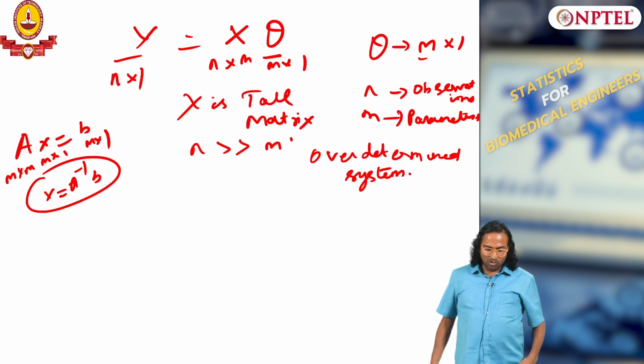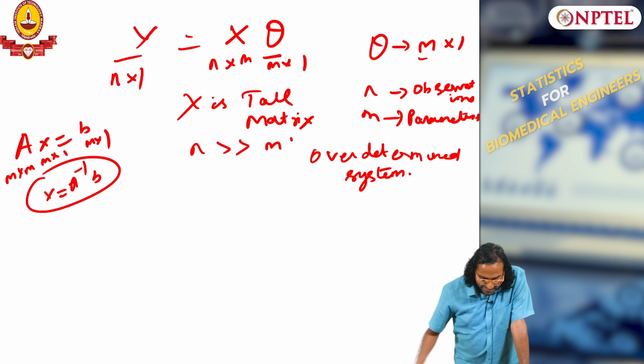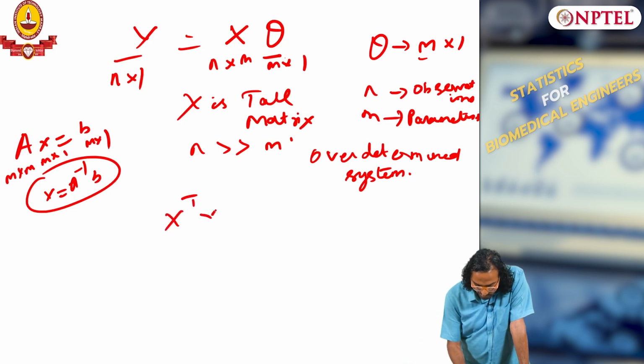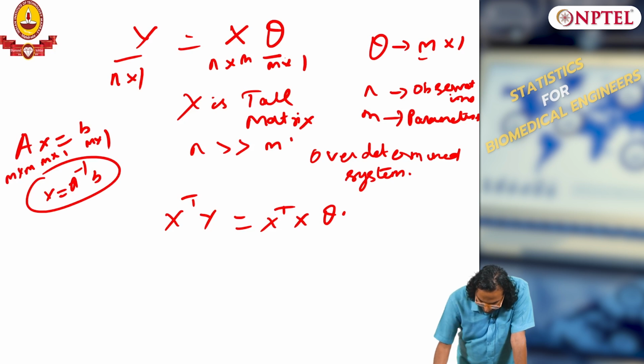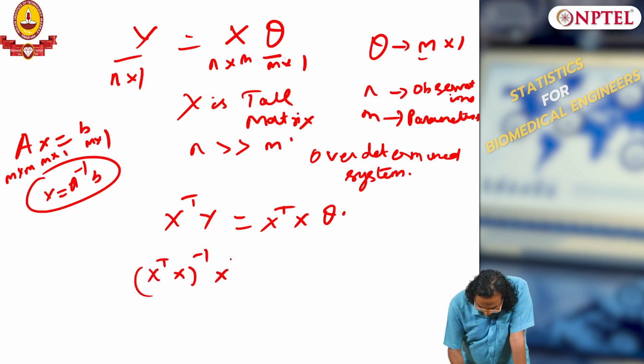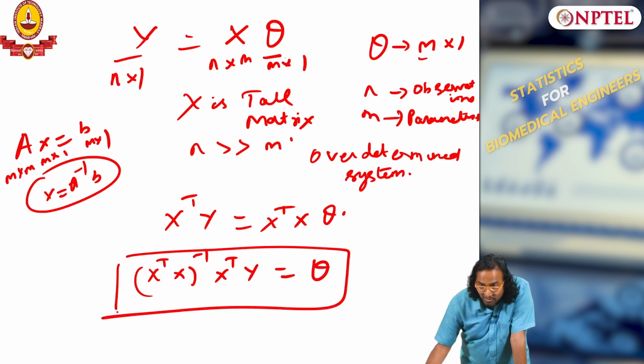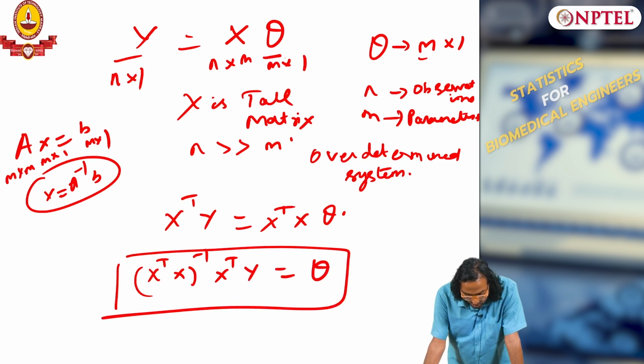So what do I do? I make X square, so I pre-multiply both sides by X transpose. Okay, that is a one step solution.